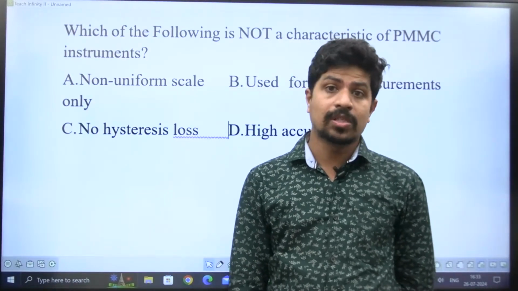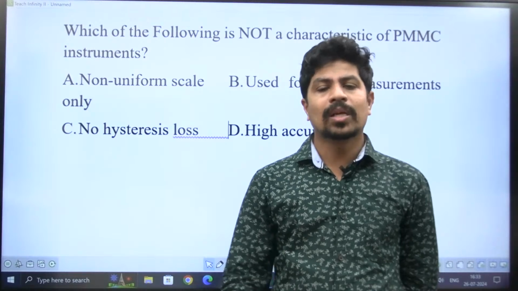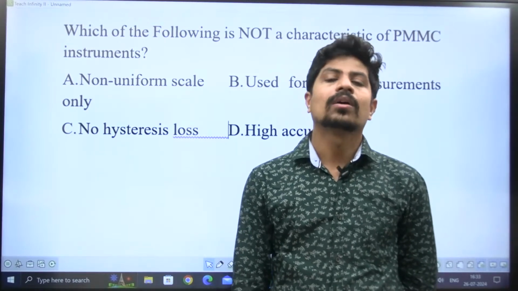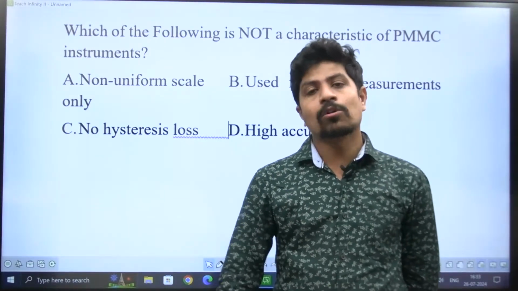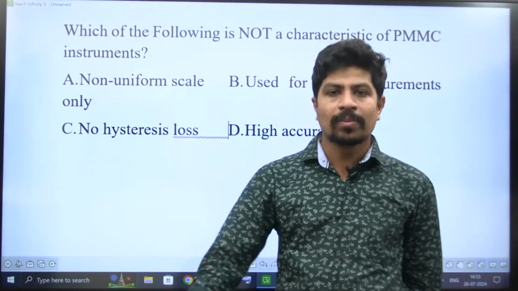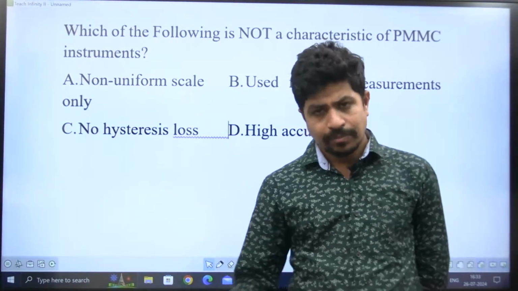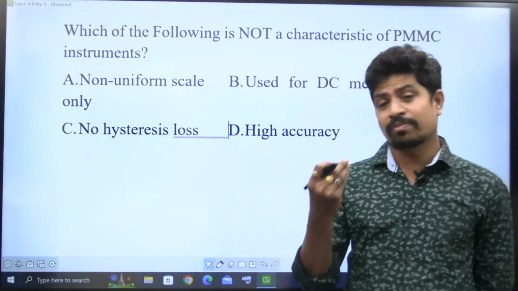PMMC measures milli or microamperes of current. We can extend it as a voltmeter by connecting series resistance, and as an ammeter by connecting shunt resistance. These are the basic points of PMMC.